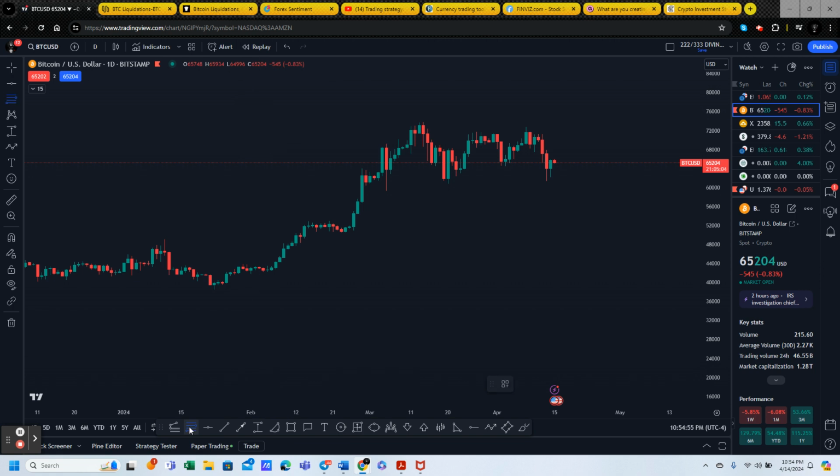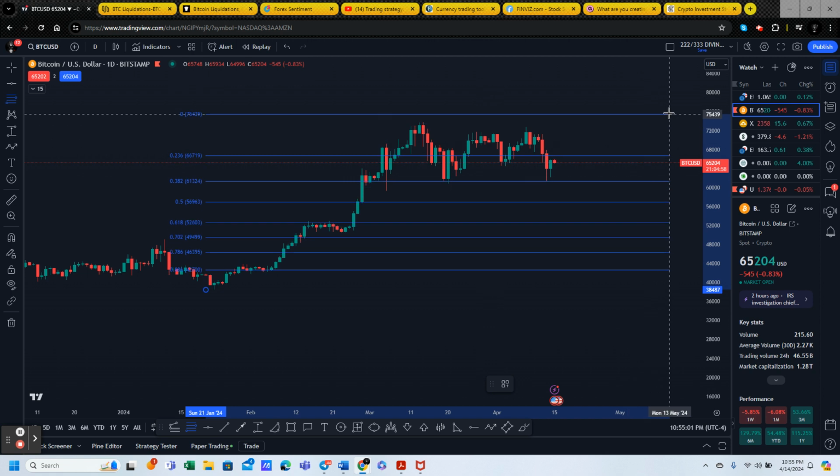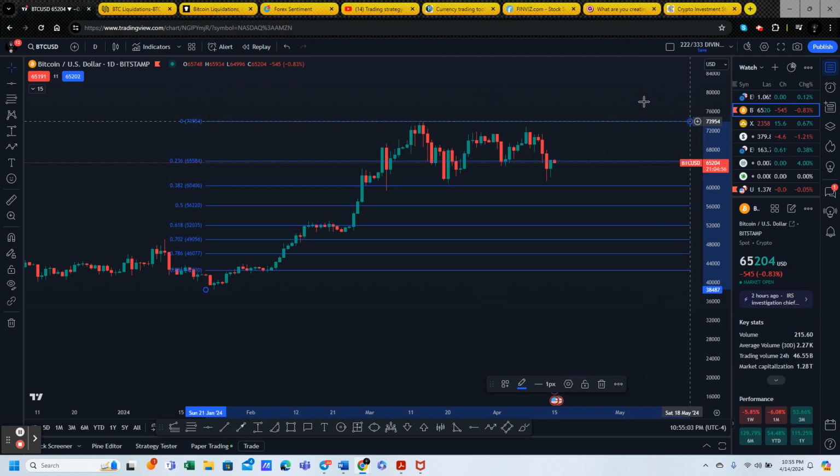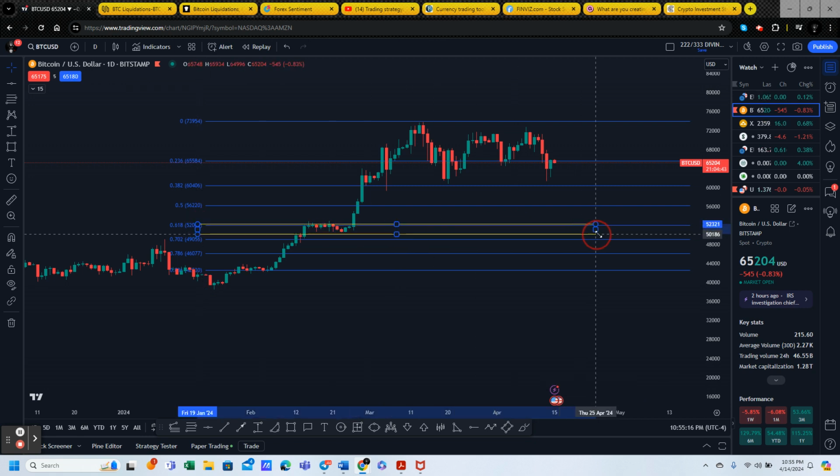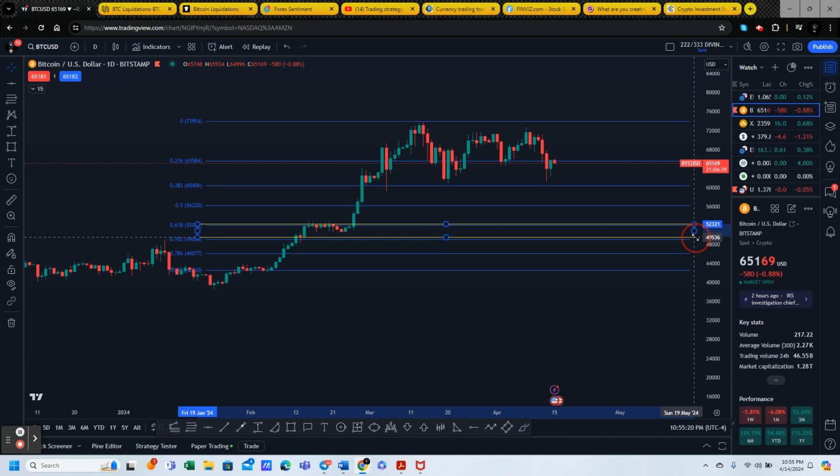But as far as Bitcoin and its targets, if we do get another correction to the downside, we've already crossed 23%. To me, this is a favorable area. Of course, we could go lower than this area, but this area right here is really where I feel price has a strong possibility of coming back to.